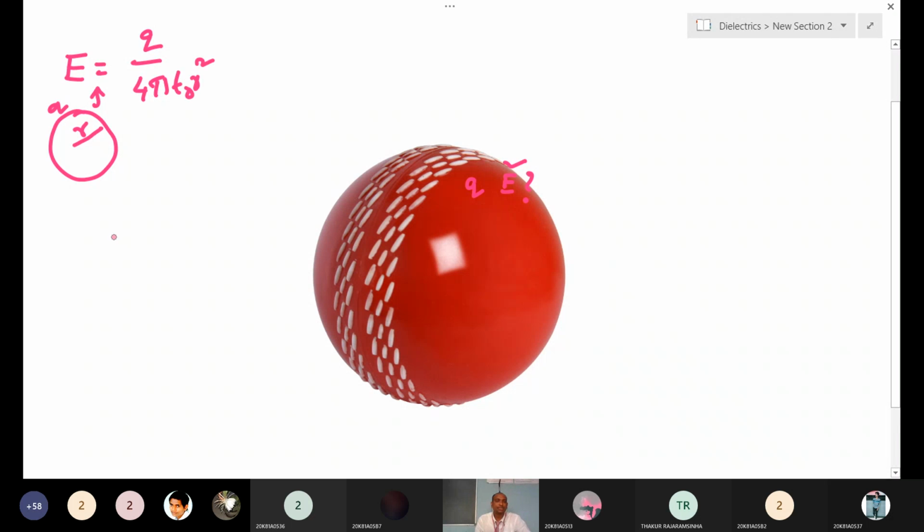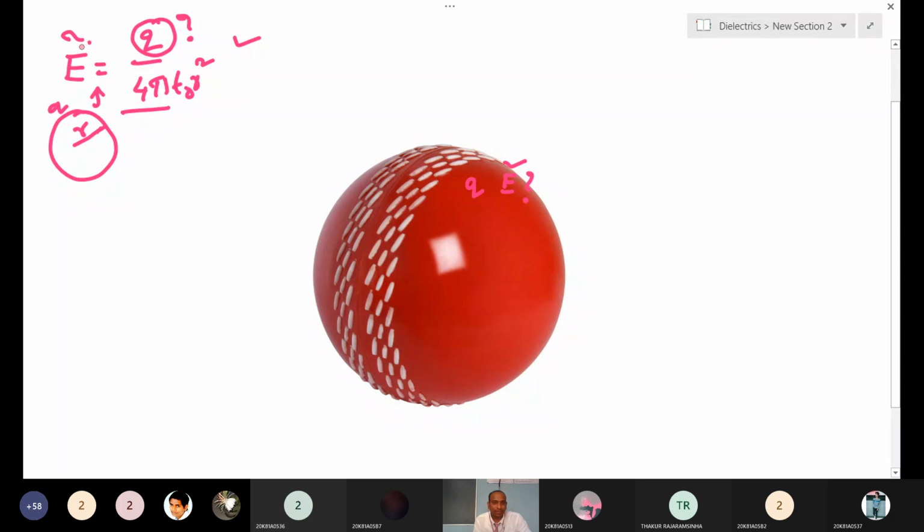This is the formula for an induced charge q on the sphere with radius r. But here we don't know how much charge is induced. First we have to estimate this charge, and after that we substitute it here to estimate the electric field.